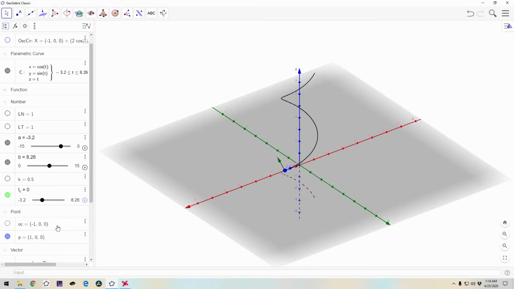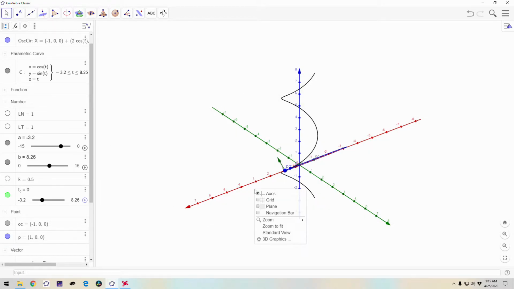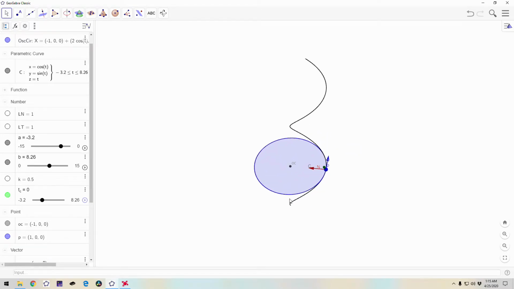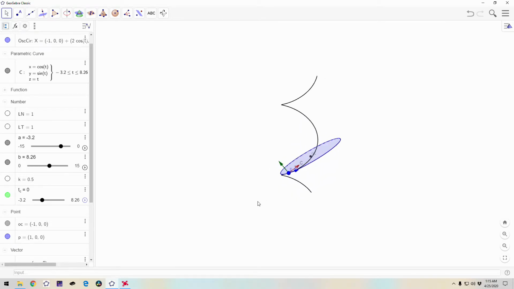It's going to be completely kissing and tangent to the curve there. So I'll turn on the center point for it, and I'll turn on the actual circle itself. Okay, so let me turn off the plane, and I'm also going to turn off the axes so we can focus on just the spiral. There's the oscillating circle for when t equals 0.